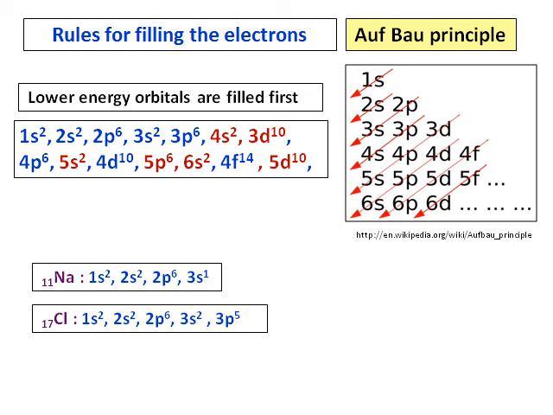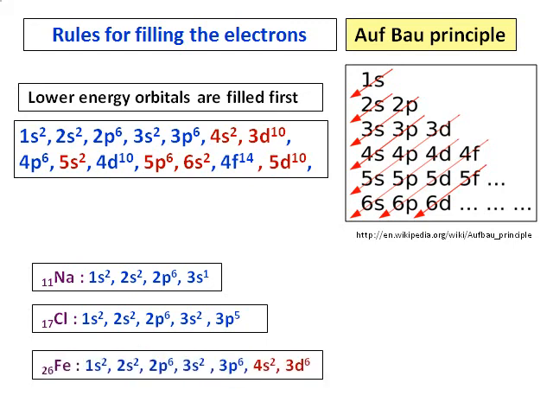The electronic configuration of chlorine will be 1s2, 2s2, 2p6, 3s2, and 3p5. And I've also given the electronic configuration of iron, and you notice that the 4s level is filled before 3d, because according to Aufbau principle, lower energy orbitals have to be filled in first.